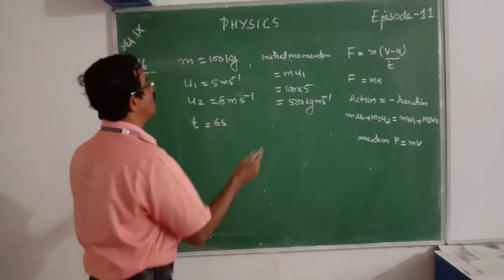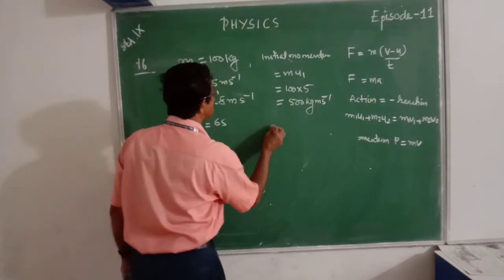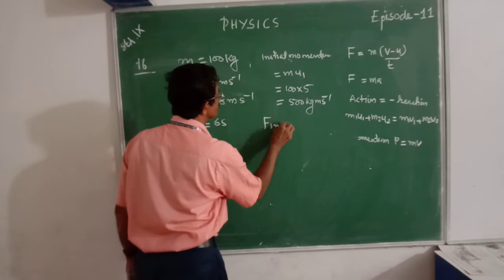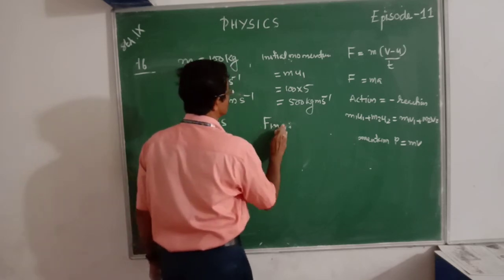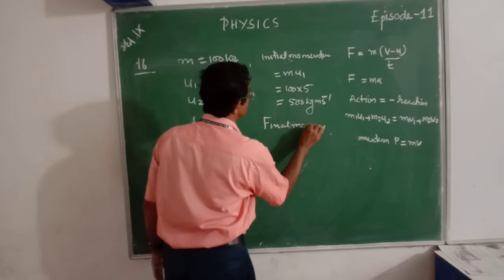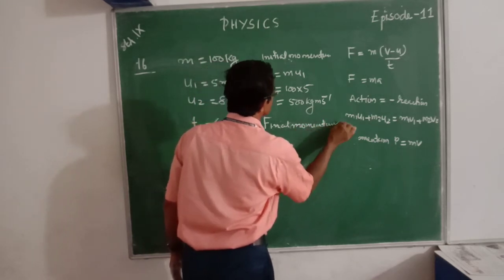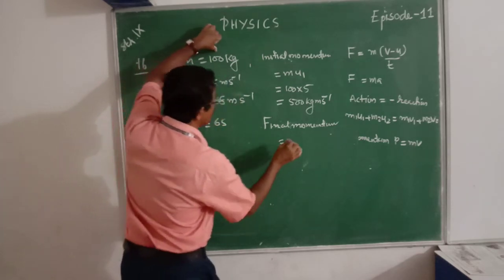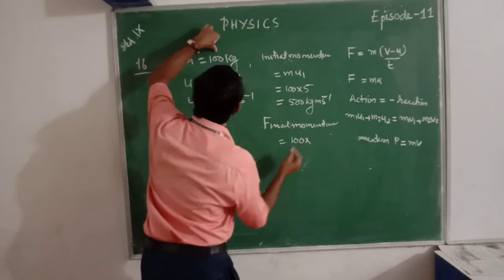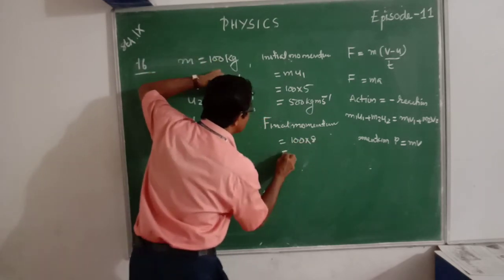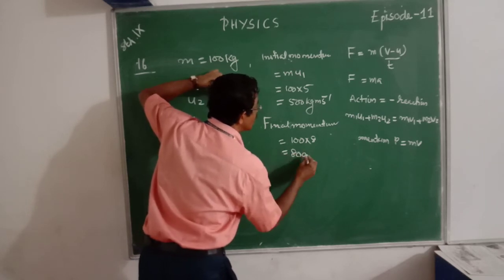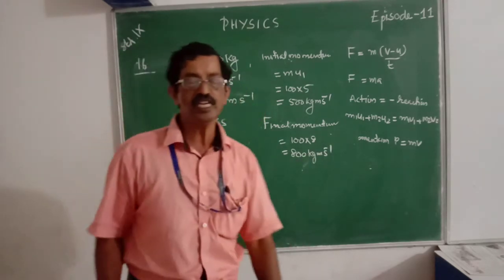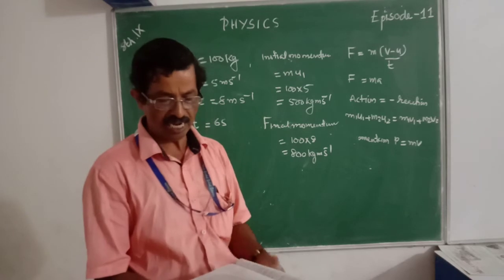Then final momentum is mass into final velocity, that is 100 into 8, that is equal to 800 kilogram meter per second. Now we got the initial momentum and the final momentum.